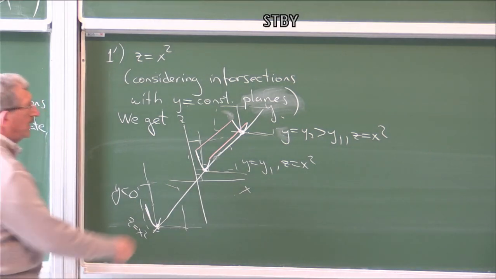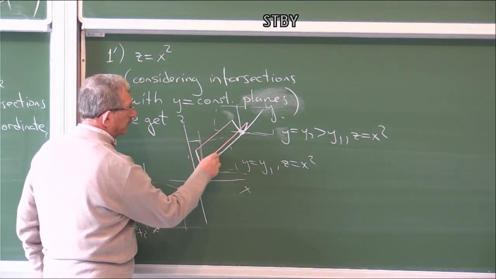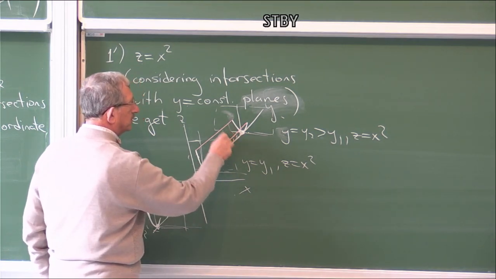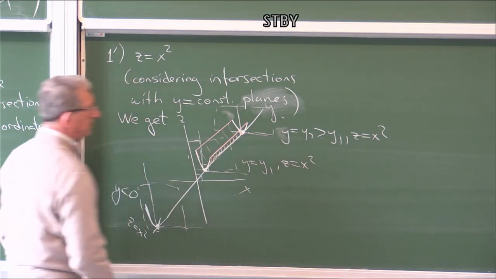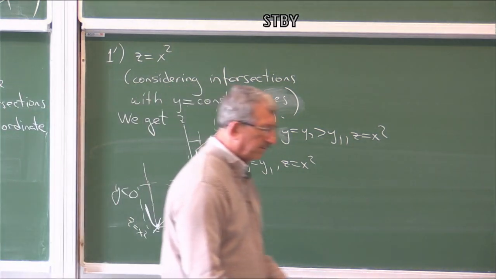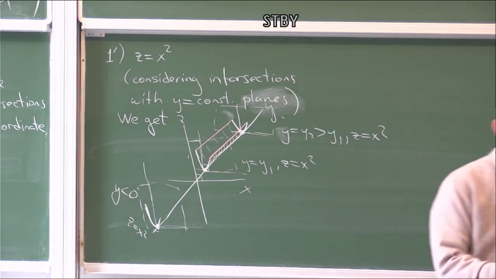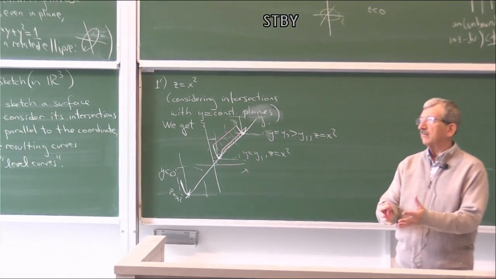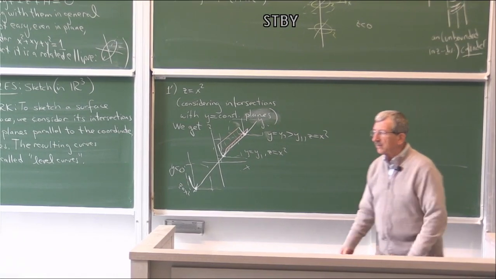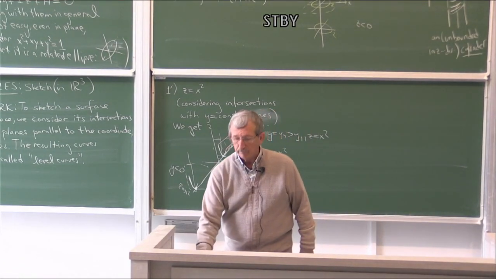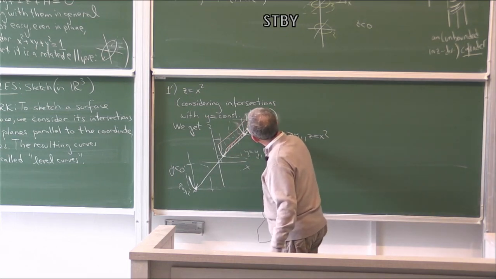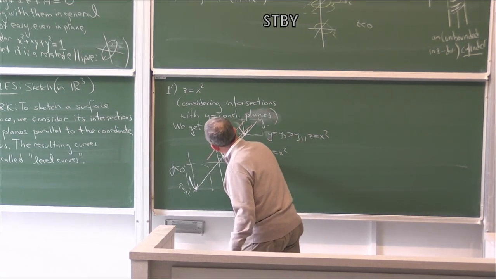But this is the surface, because these are the parabolas. It is like a trough where horses drink water. But again, it is an unbounded one. Namely, this does not stop here. It continues in both directions up to infinity.